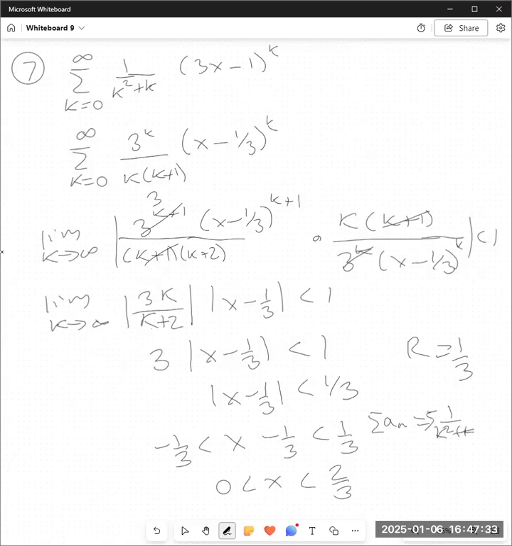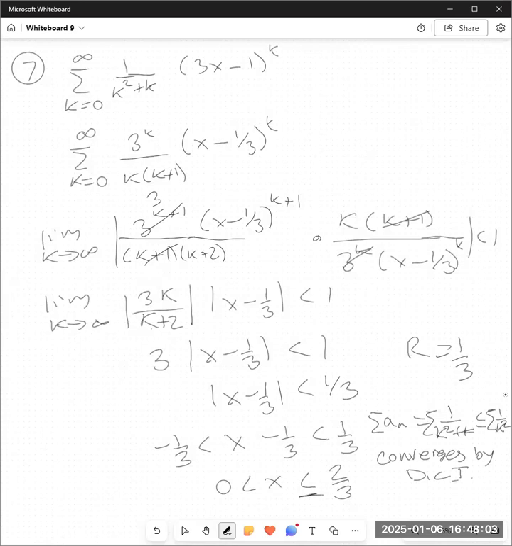Just put the summation there. So I'm going to say that this is always less than or equal to 1 over k squared, which is a convergent p-series. So this converges by direct comparison test, that I found something that was always larger that converged. So this one has to converge.